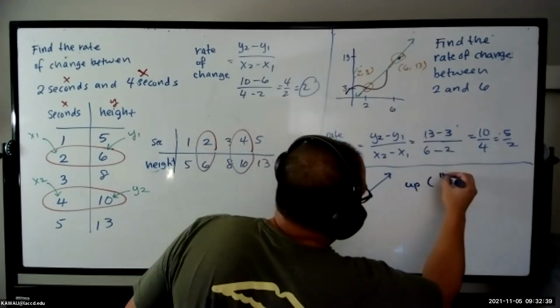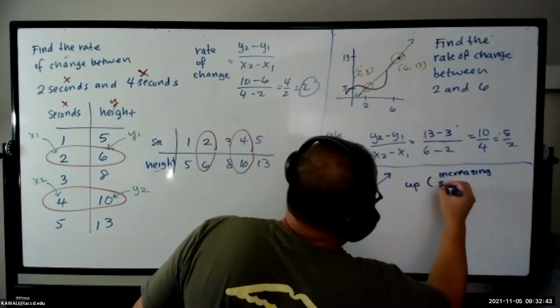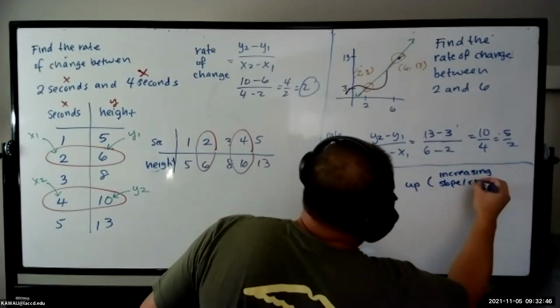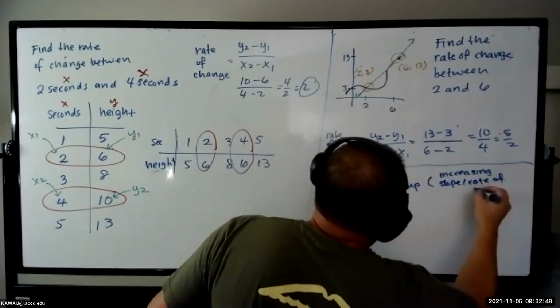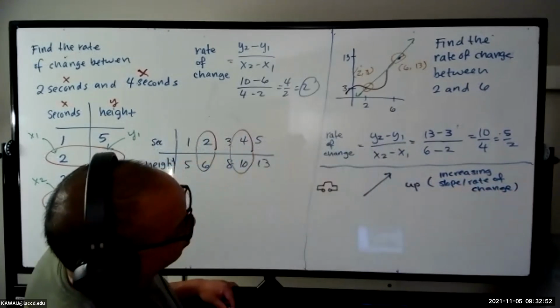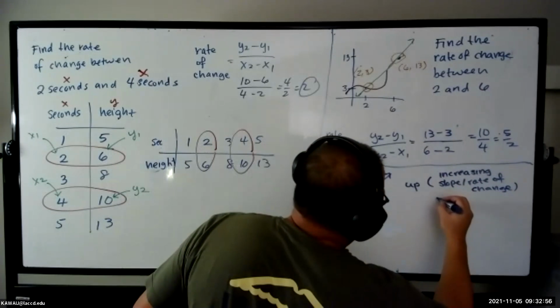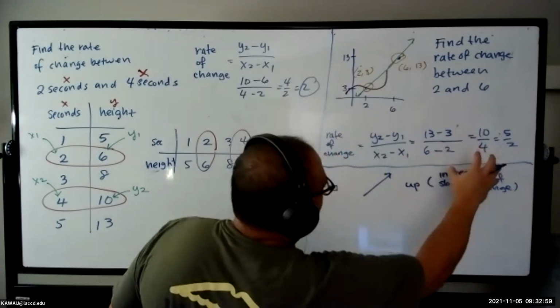We call this increasing slope, rate of change. Okay, so you're going up, you're increasing, and also your rate of change is positive. So it's going to be a positive value.